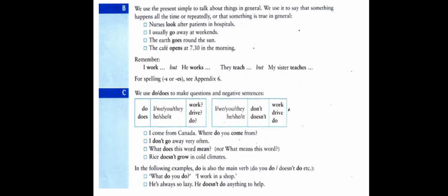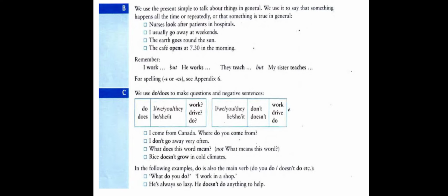The cafe opens at 7:30 in the morning. The owners of the cafe open the cafe at 7:30 in the morning. The cafe is singular, we can replace it with it, so we can say it opens. We use the present simple.